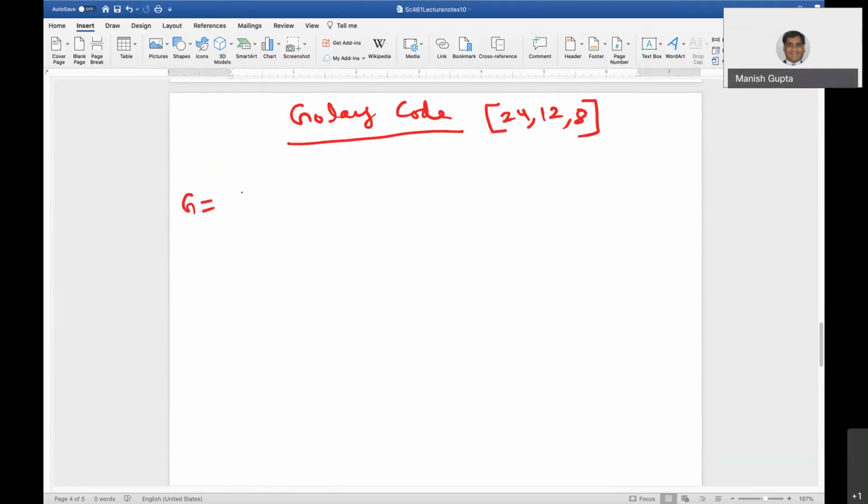There is infinity, 0, 1, 2, 3, 4, 5, 6, 7, 8, 9, 10. Again infinity, 0, 1, 2, 3, 4, 5, 6, 7, 8, 9, 10. This is the indexing.